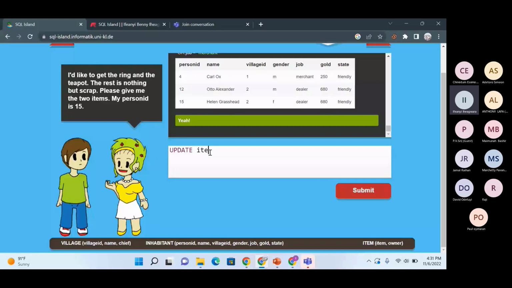Another thing I don't think I mentioned is you can write your query as a very long one, for example, update owners, set the owners to be number 15, where the item is either a ring or the item is equal to a teapot. So we can write this, and if we hit submit, it should work.